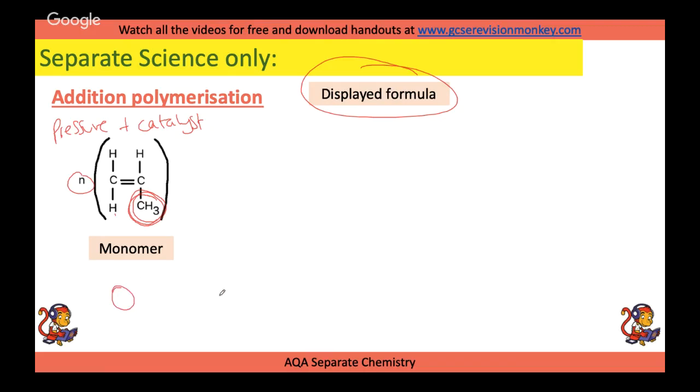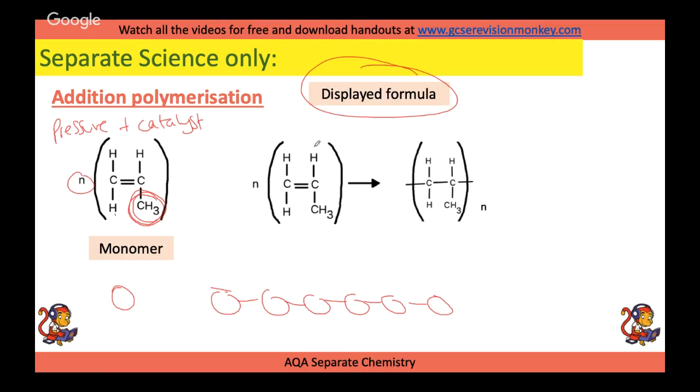So there's our monomer, and we want to join them up to make a long polymer. Because it's very long, we don't want to draw out the whole of the polymer. So we just draw a section of it. So if you're asked to draw a repeating polymer unit like this, you break the double bond and you extend the double bond through the brackets. That's it.